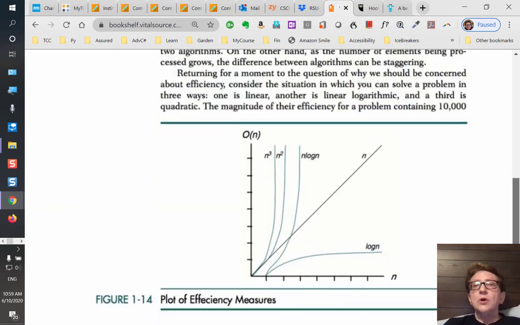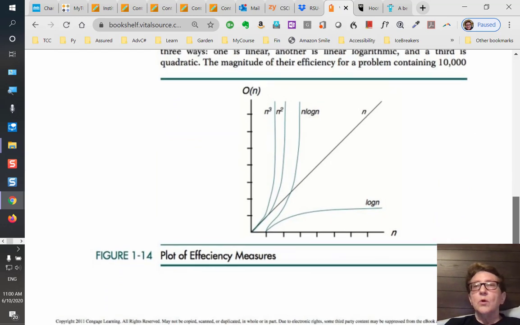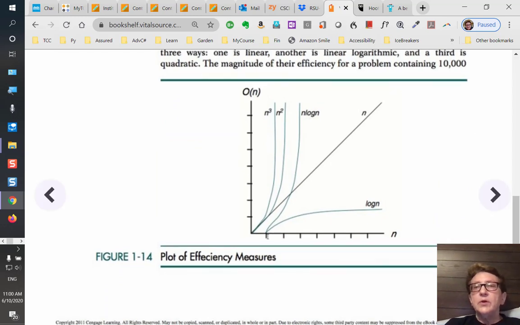Okay, here are some charts of the different ones, for when n is large. Now if n is 1, that's here. N is 2, n is 3, etc. So log n starts at n equals 1. There is no log of 0, so it doesn't start there. Log of 1 is 0, so it starts here.